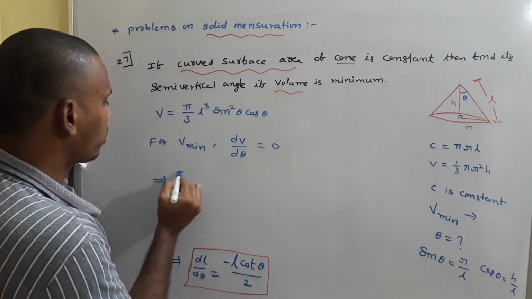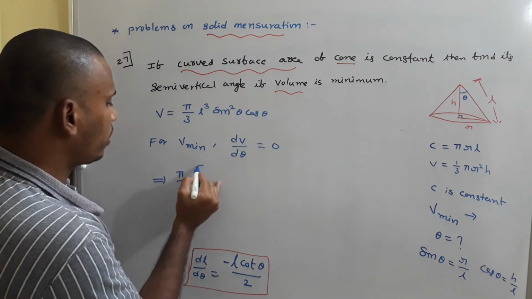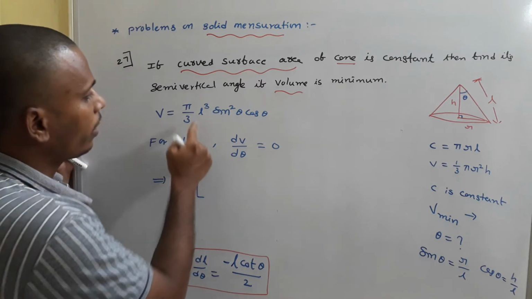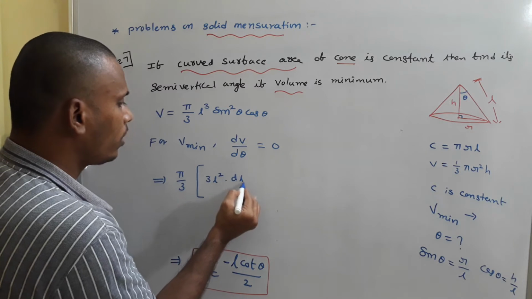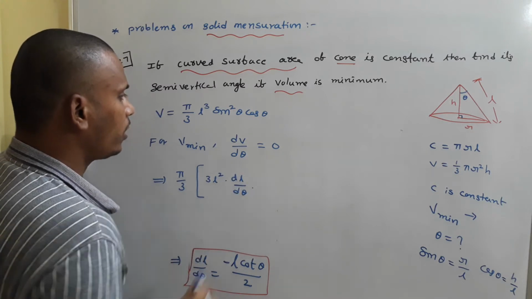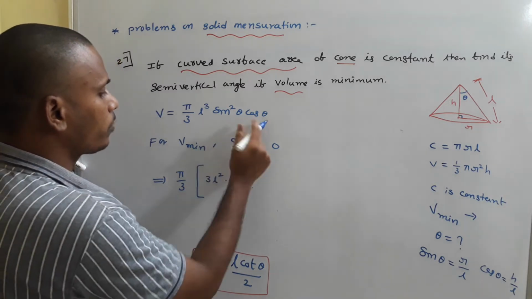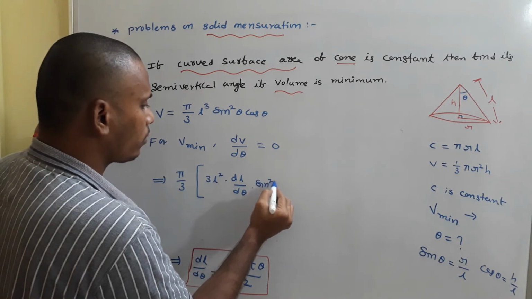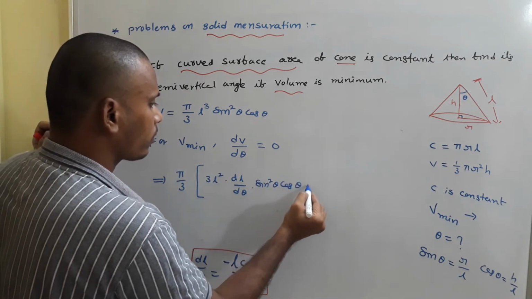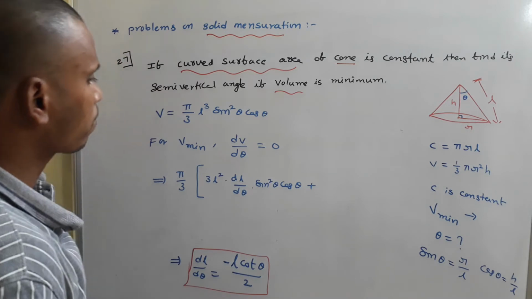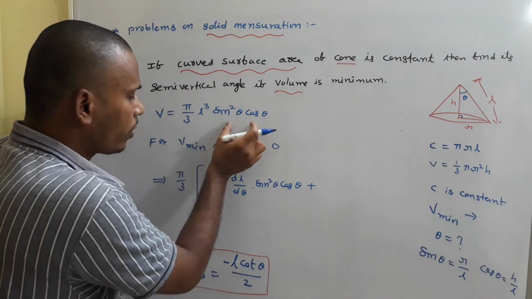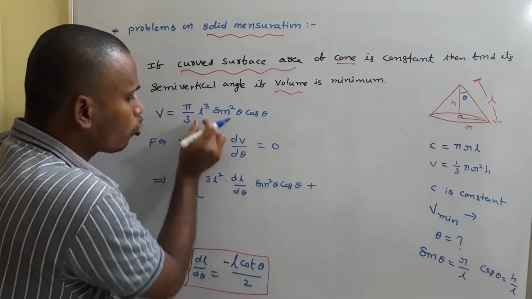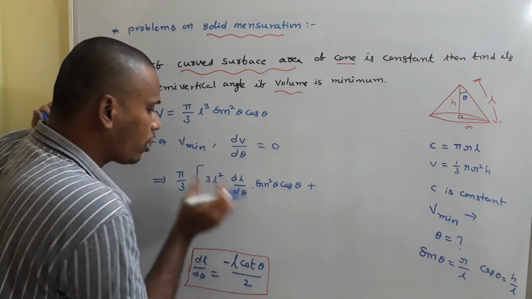And that implies pi by 3 into derivative of L cube is 3L square into dl by d theta into this part sin square theta into cos theta plus, so sin square theta into cos theta is first function and L cube is the second function. First function into derivative of second function.